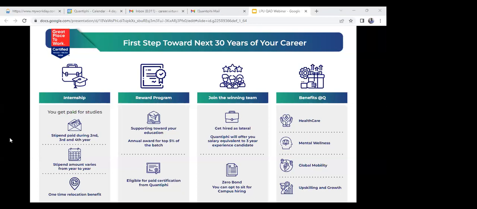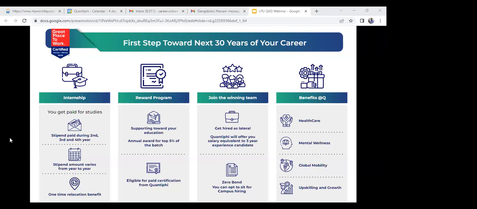This is apart from the scholarship that LPU might give you, because we do not call this a scholarship. This is called an annual reward. It has no strings attached. It is purely a merit-driven annual reward. And as I mentioned earlier, you will be eligible for all the paid certifications from Quantiverse. Right. And the third pillar that we have is join the winning team.